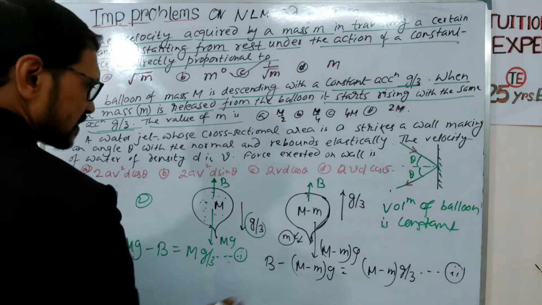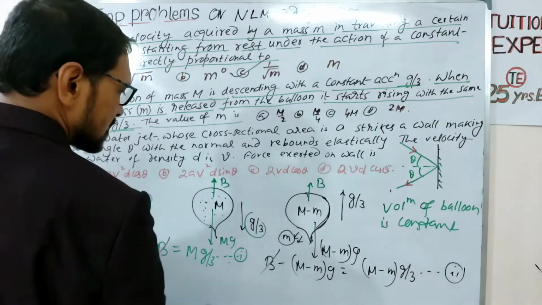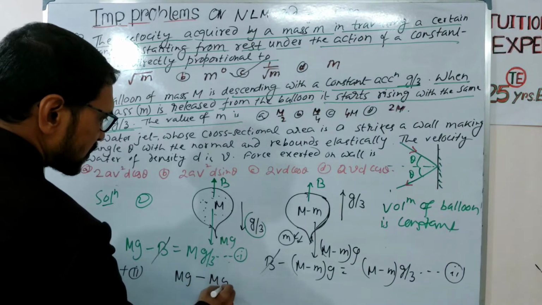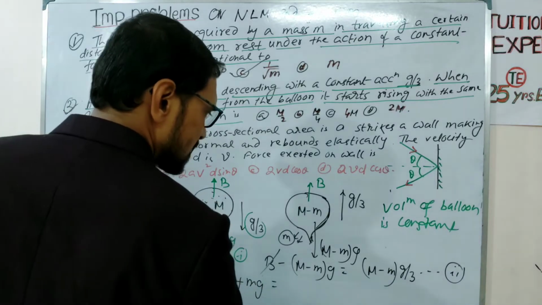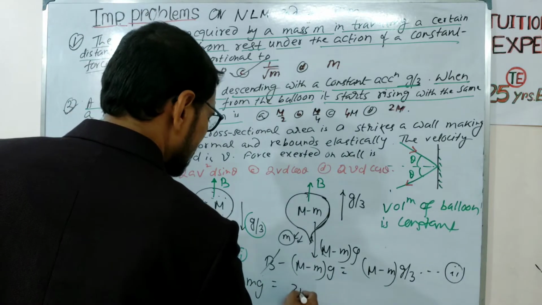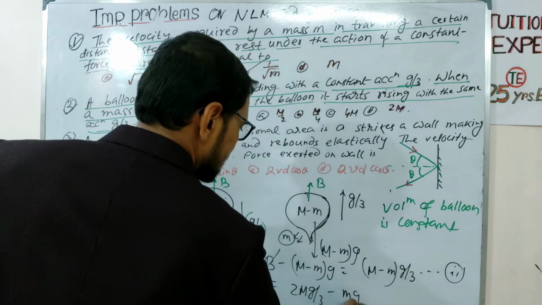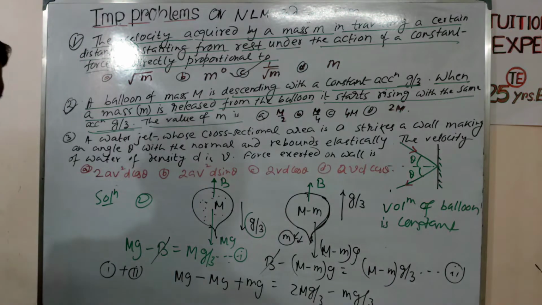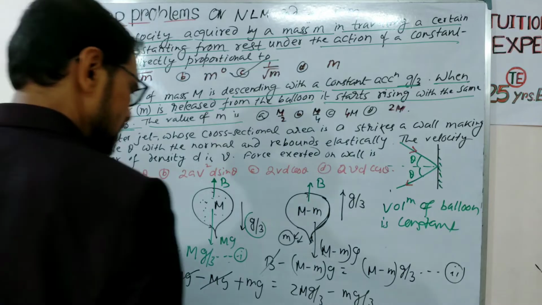So if we add 1 and 2, we cancel B. So Mg minus Mg plus mg equal to Mg by 3 minus (M minus m)g by 3, that is, 2Mg by 3 minus mg by 3. Now g cancels.